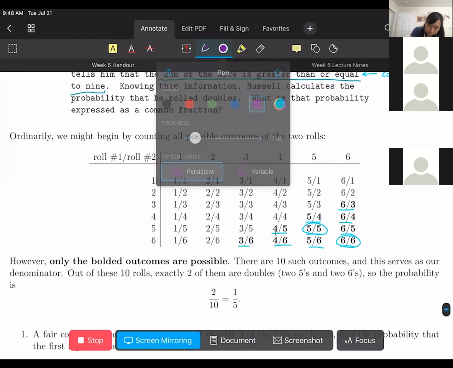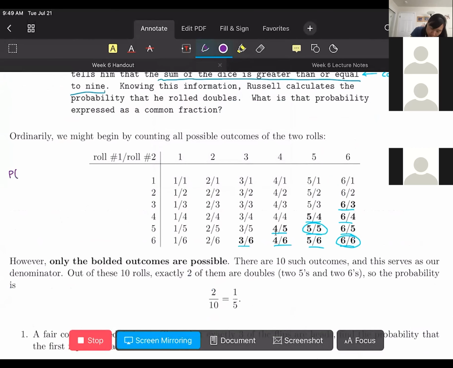The probability that we get doubles given that the sum is greater than or equal to 9 equals the probability that we get doubles and the sum is greater than or equal to 9, over the probability that the sum is greater than or equal to 9.